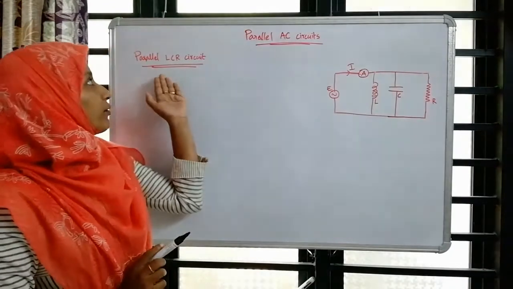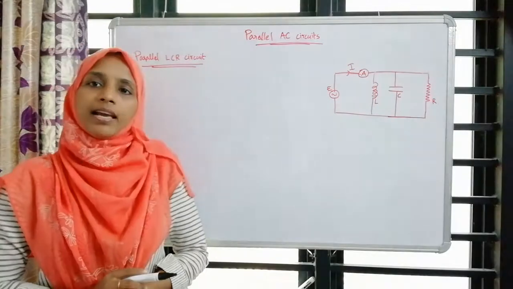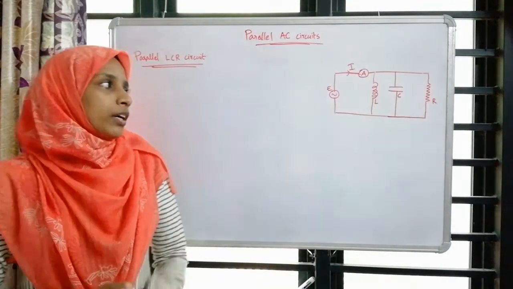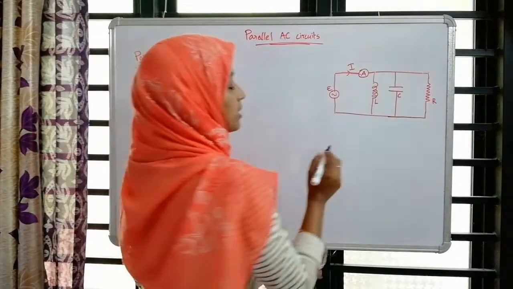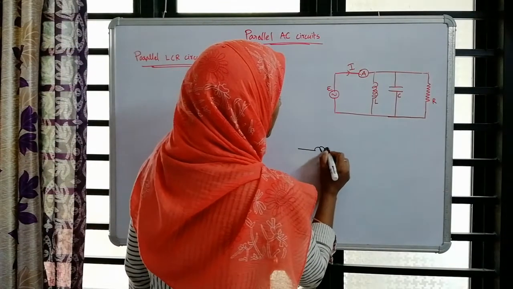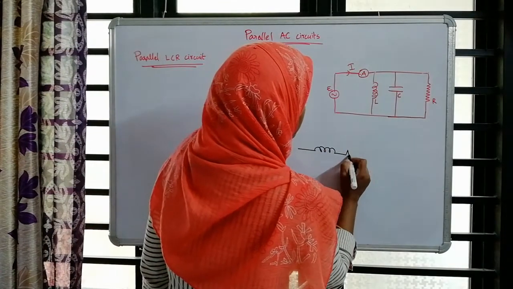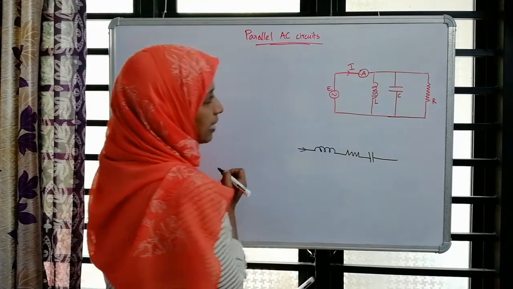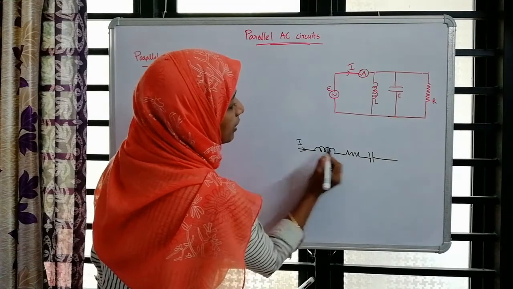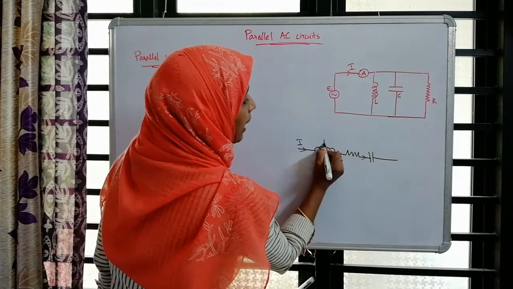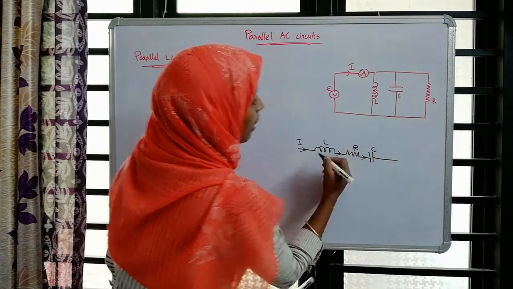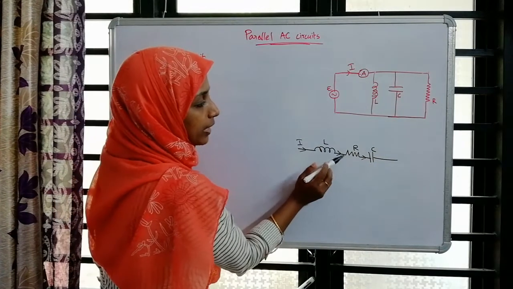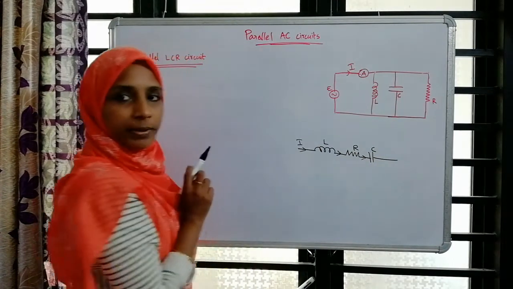And the first one we are going to explain is the parallel LCR circuit. One thing to remember is when we consider a series LCR circuit, the current passing through L, C and R will be the same.